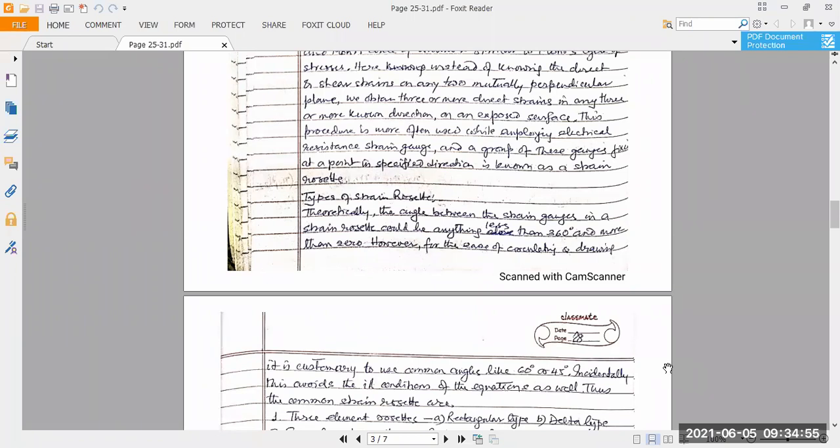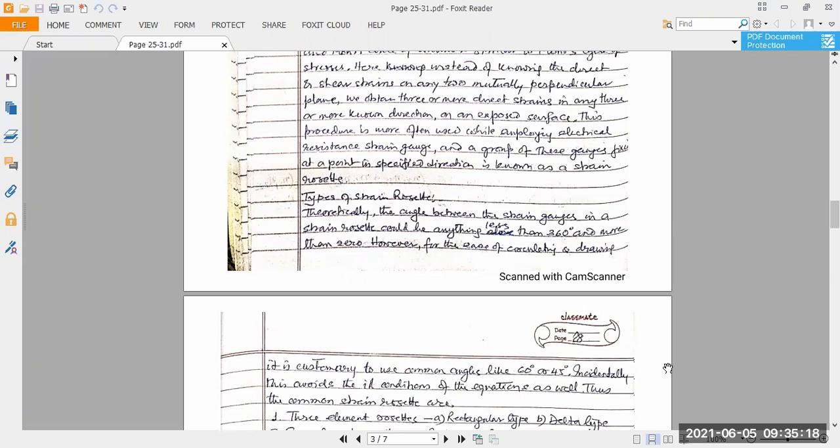What exactly is a strain rosette? It is a group of gauges fixed at a point in specified directions. So a group of three gauges is to be fixed at a point in specified directions.